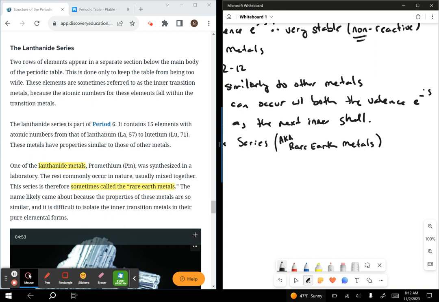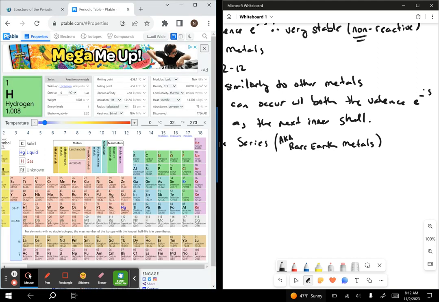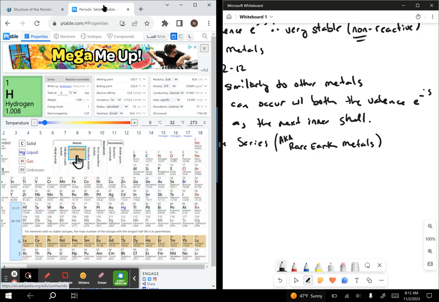And again, we said not because they're rare. They're fairly abundant, actually. They are used in a lot of your electronics and things today. If we take a look on the periodic table, you can see the rare earth, I'm going to highlight this here. There they are. They're brown. They make up period number 6, that horizontal row. And these are what we call embedded within your transition metals. Okay.